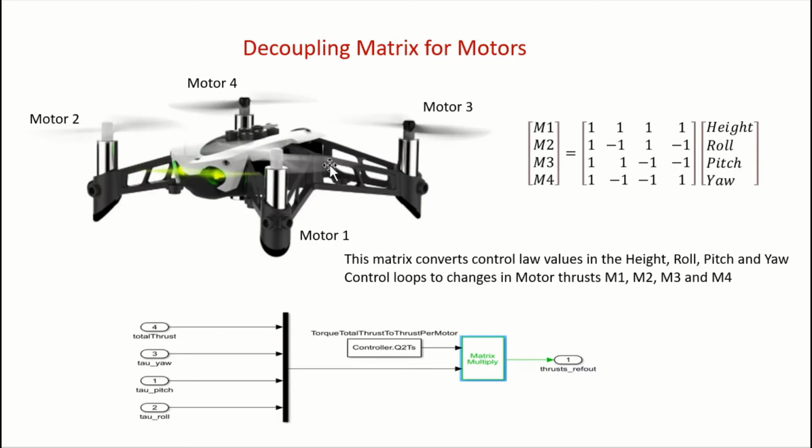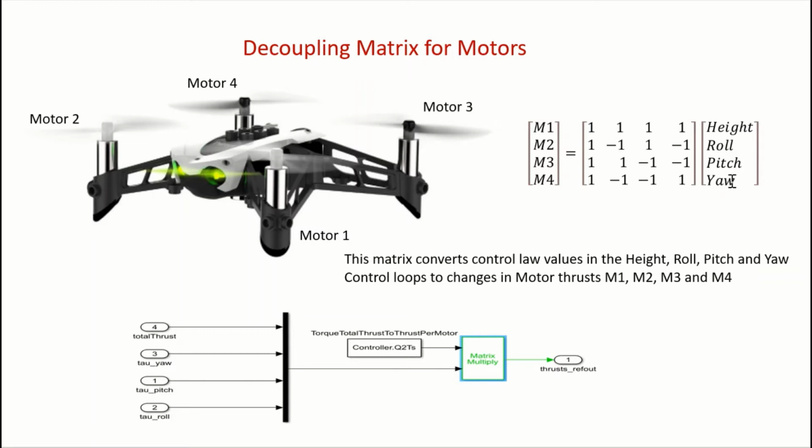The drone, you can think of as having 4 motors and 4 main things you want to control: height, roll, pitch and yaw. And the motors are connected up through this decoupling matrix here, which essentially controls the things.